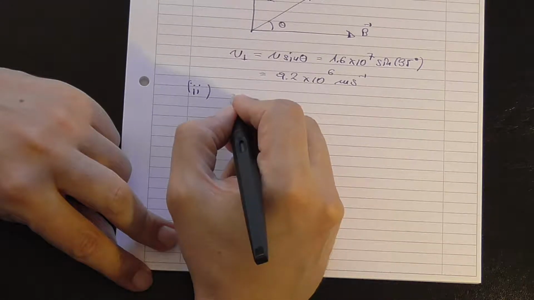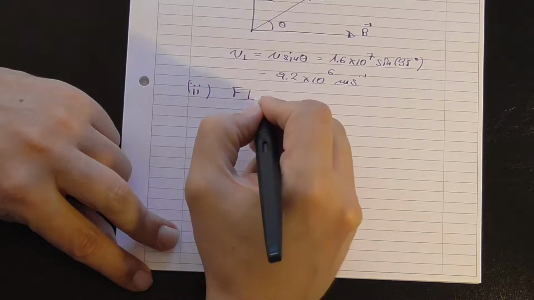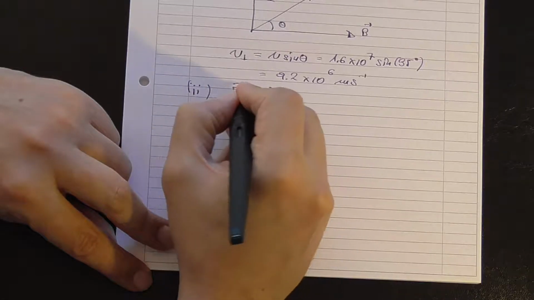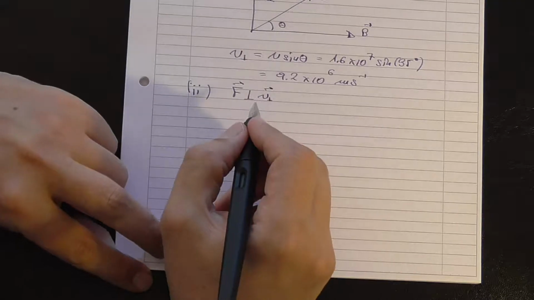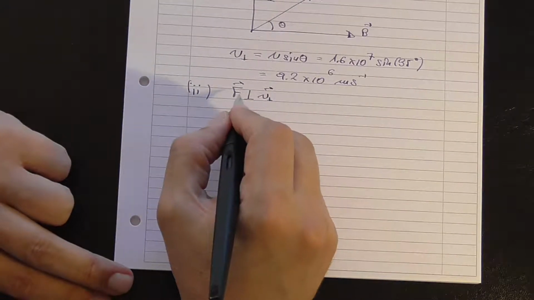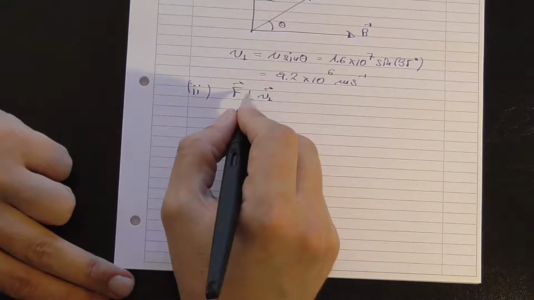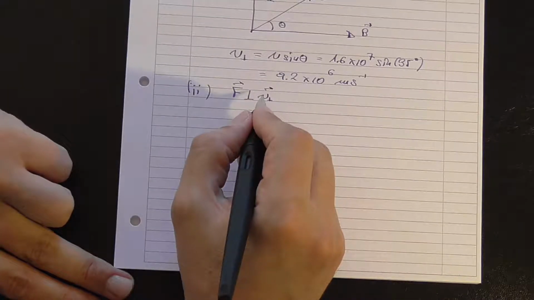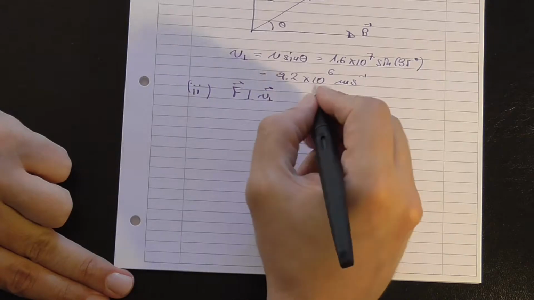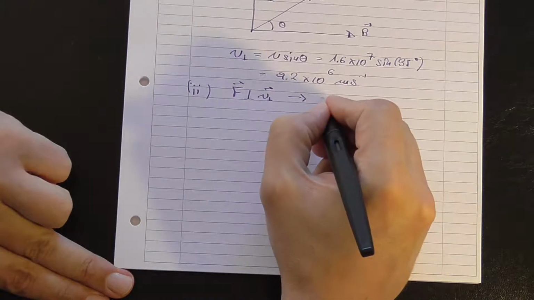So we'll have F. There is a normal component of the velocity to the magnetic field, and therefore there will be a force which is normal to this velocity and the magnetic field as well. So this means circular motion.